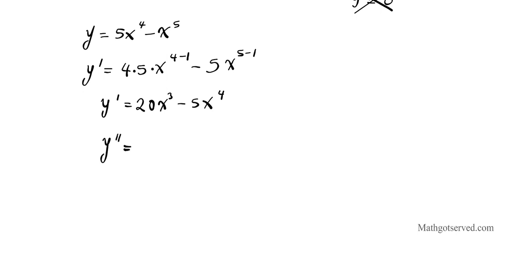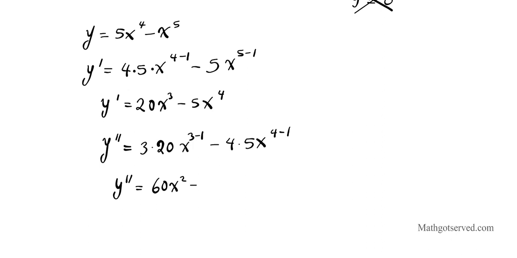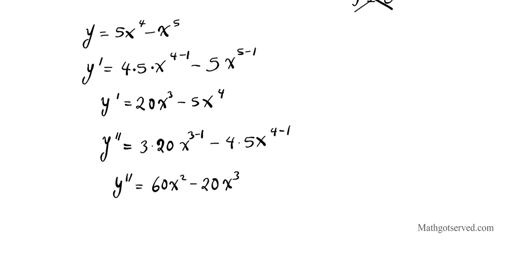Y double prime, the second derivative, using the power rule again, we'll have 3 times 20, x to the 3 minus 1, minus 4 times 5, x to the 4 minus 1. So the second derivative is 60x squared minus 20x to the third.